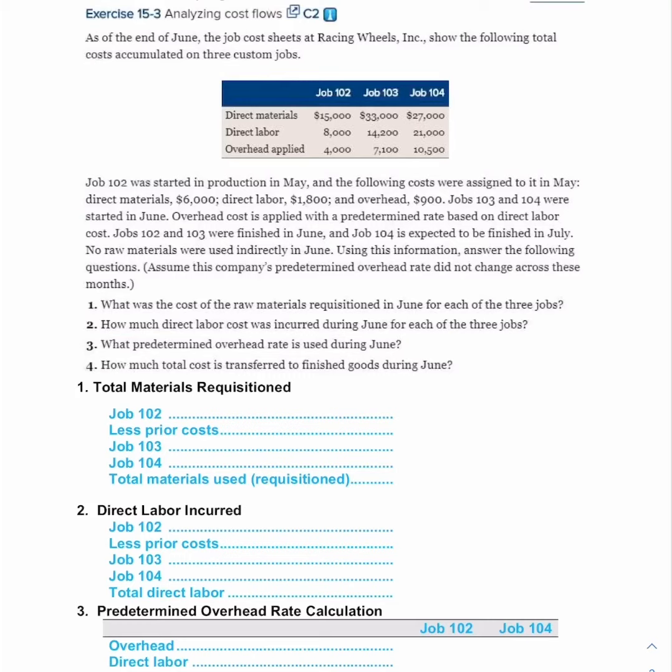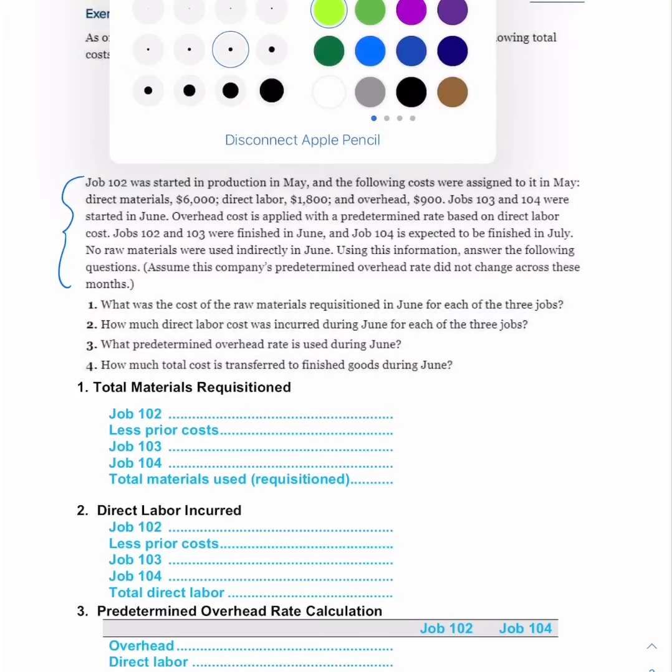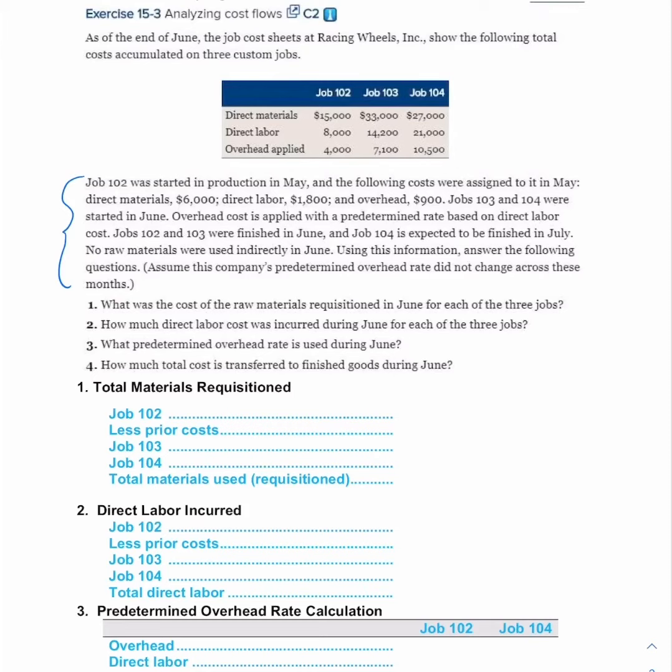So this paragraph right here is going to be very important. We're going to keep coming back to it as we go, but I just want to briefly highlight a few items as we read through it this first time. So job 102 was started in production in May, and the following costs were assigned to it in May. Direct materials, $6,000. Direct labor, $1,800, and overhead, $900.